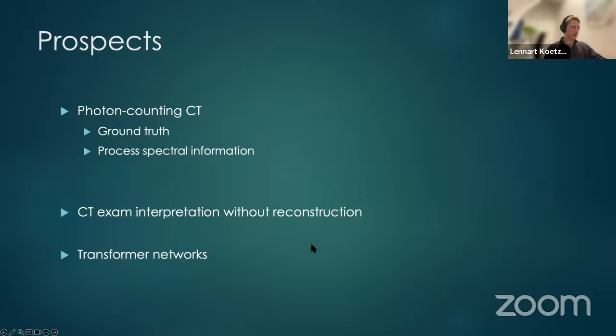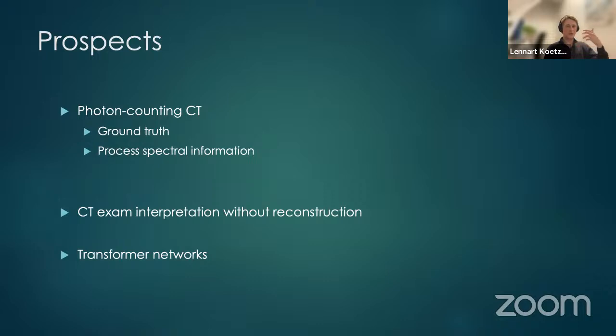And lastly, transformer networks. The 3 deep learning reconstruction algorithms that the 3 vendors released were built on convolutional neural networks or on the UNets. But recently, transformers were introduced for medical imaging, which showed impressive results.